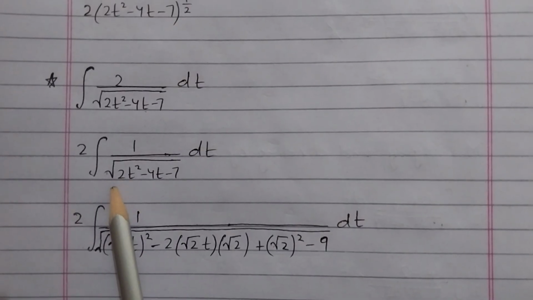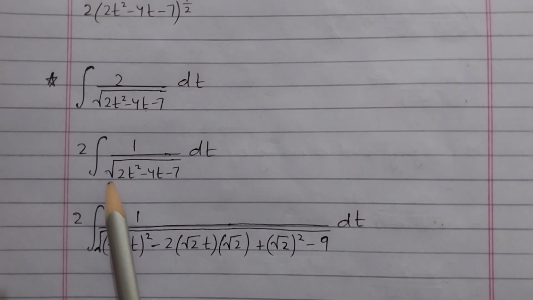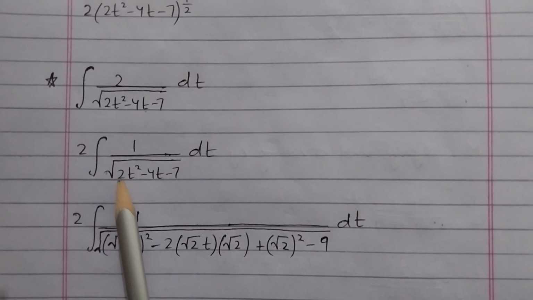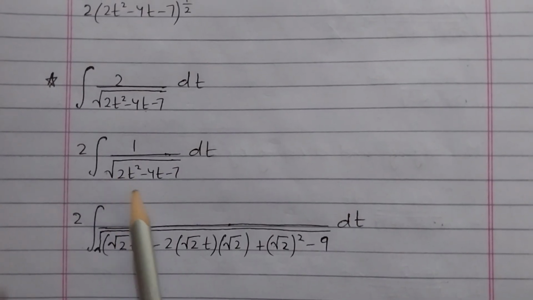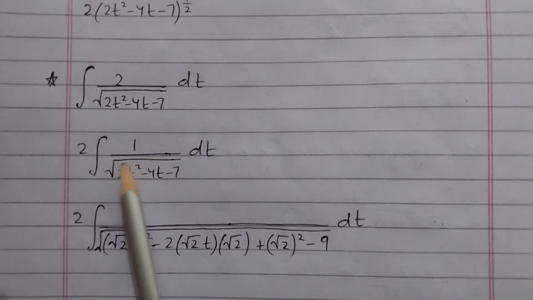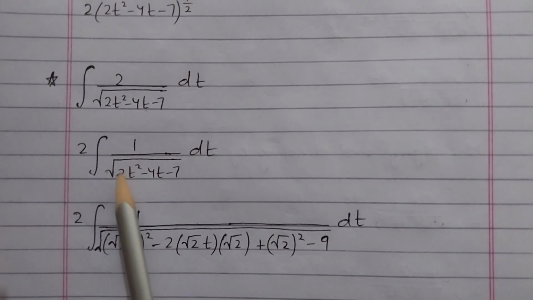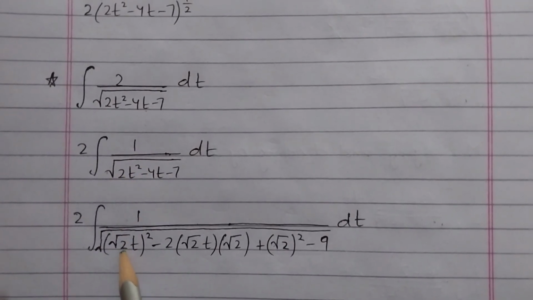We need to think of a number which has the square equal to 2, and that number is basically square root of 2. When we take the square of square root 2, square and square root cancel out and we are left with 2, and we want to complete the square, so this needs to be written in the form of a square. So we'll write square root 2 times t, whole square.